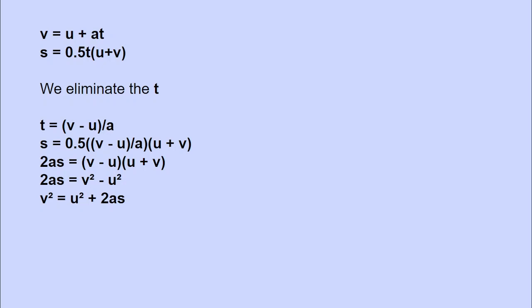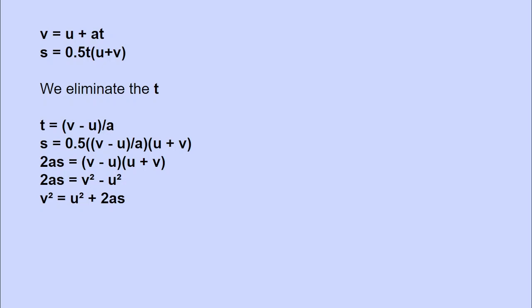This gives us s equals 0.5 open bracket v minus u close bracket divided by a close bracket times open bracket u plus v close bracket. We multiply both sides of the equation by 2a. This gives us 2as equals v minus u times u plus v.